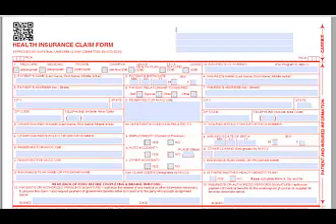So we are going to fill out this workman's comp form, and this is going to go to the Workers' Compensation Blue Cross Blue Shield of Ohio. And this is going to go to the claims department.